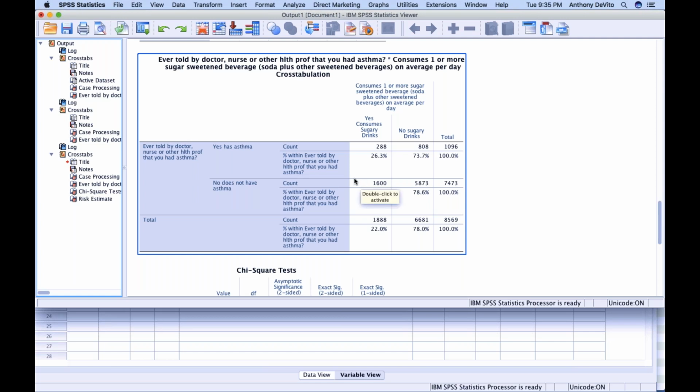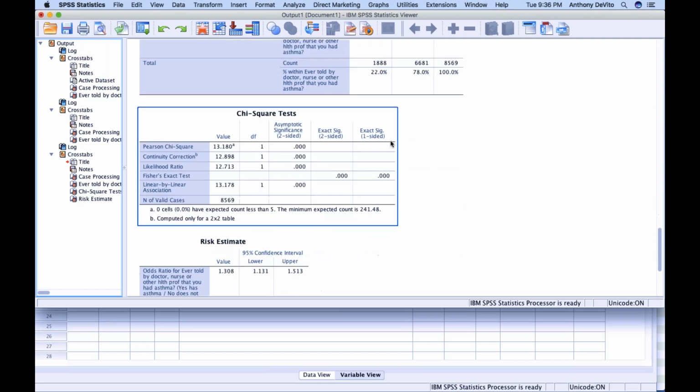Our null hypothesis is that there is no association between asthma and consuming sugary drinks. An alternative hypothesis is that there is an association, that whether you have asthma or not affects whether or not you're more likely to drink sugary drinks. Okay, so now we have our null hypothesis in our heads. Let's go ahead and do the calculations.